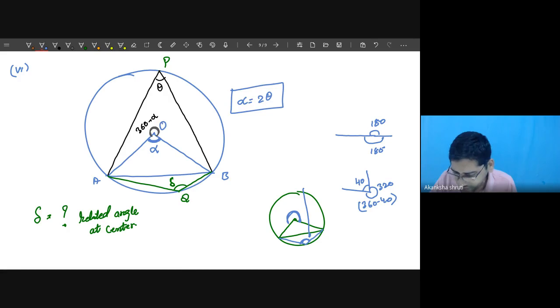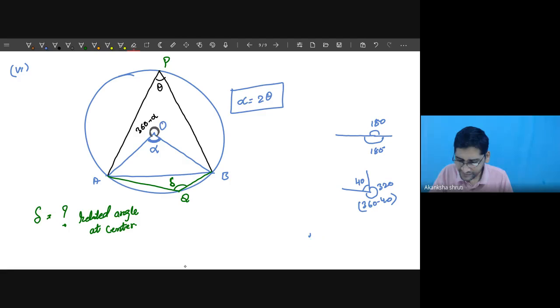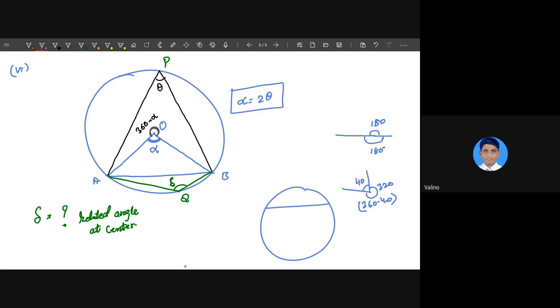So you need to look for the reflex angle. Okay, students, so you should be careful. So here, which two angles are related? Yes, student, tell me. 360 minus alpha.